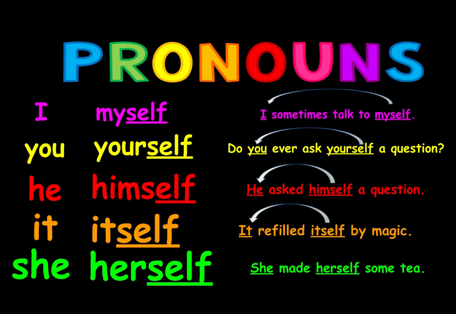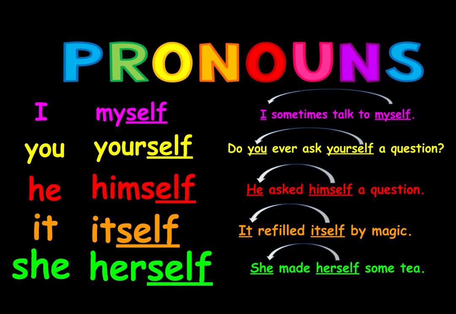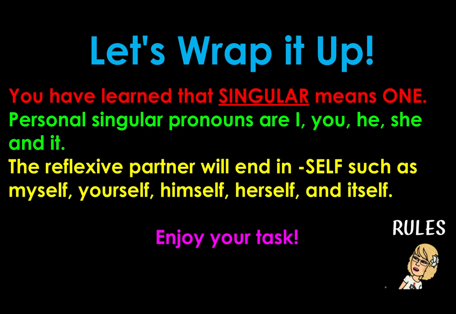She and herself are the same person. But what it's doing is she is the subject. She's making something. Well, who's she making it for? The same person that she is, herself. And those are called personal pronouns, and they're reflexive object pronouns. And they always end in self when they're singular.